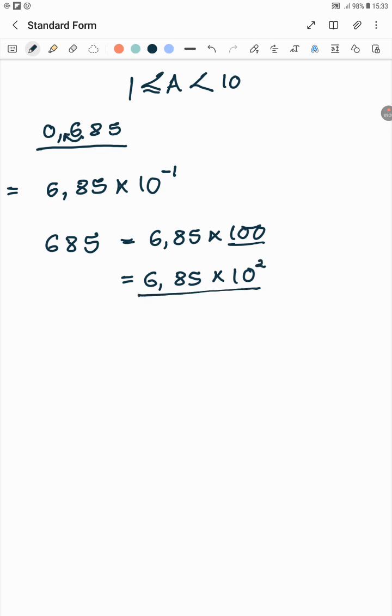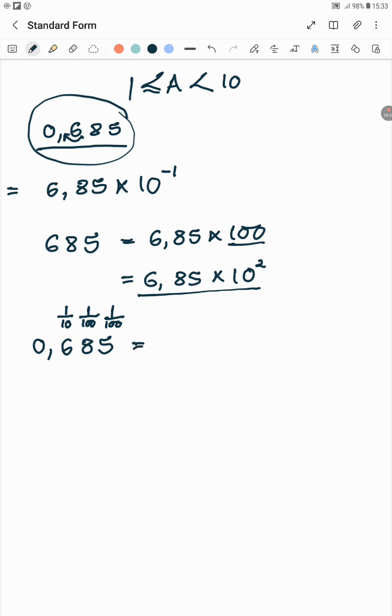I want to show you another way here, because we are saying 0,6885, and I want you to know this one, the place value of this 6 is 1 over 10, the place value of this 8 is 1 over 100, and the place value of this 5 is 1 over 1000.